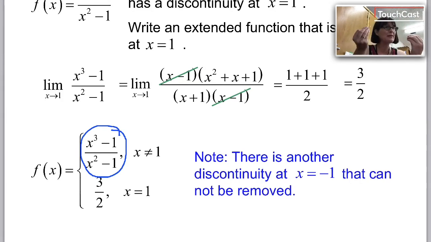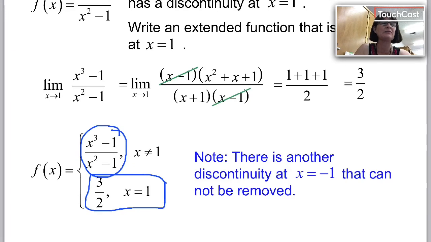So I'm going to add a piece. But the only job of this piece is to put one single pencil point in at that hole. So this one piece, the only job it does is it makes 1 point at 1, 3 over 2. But that fills in the hole and makes my function continuous.